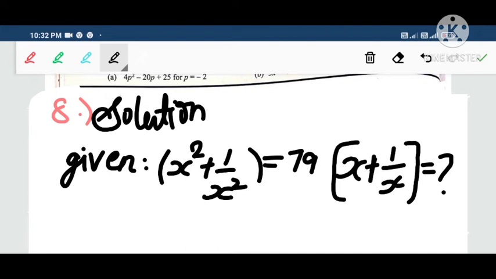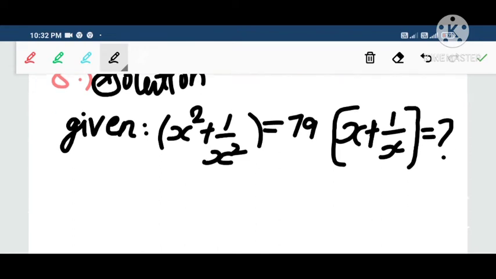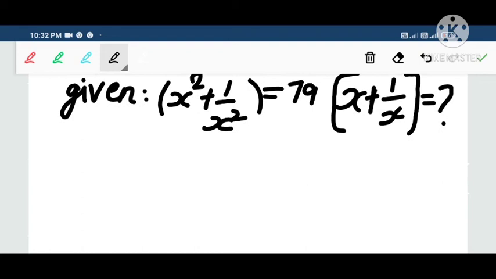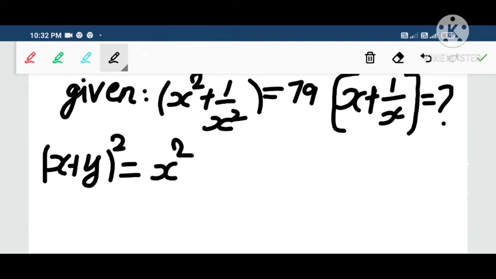Here we can't find it from x square directly, because if you square a negative value, it becomes positive. So we use the identity x plus y the whole square, which is nothing but x square plus y square plus 2xy, the expansion.